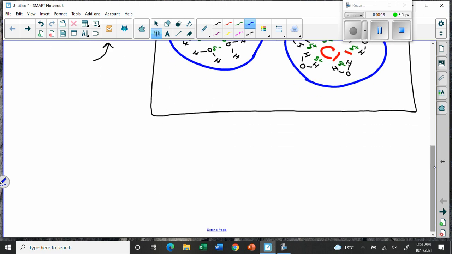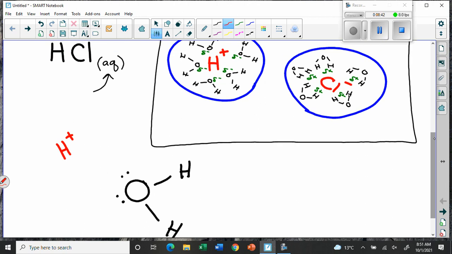Let's draw a close-up picture of a typical water molecule, right? Like this. It's sharing its electrons with these two hydrogens, but it has these other electrons here that are not being shared, right? They're just kind of sitting there. Now, along comes an H that's being surrounded by the water molecules. You see it up here in the other picture, right?